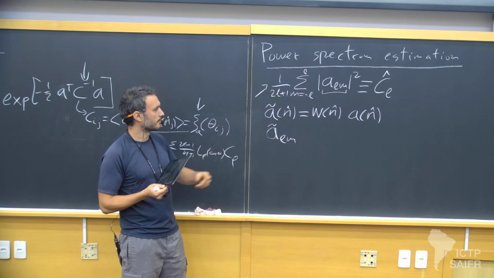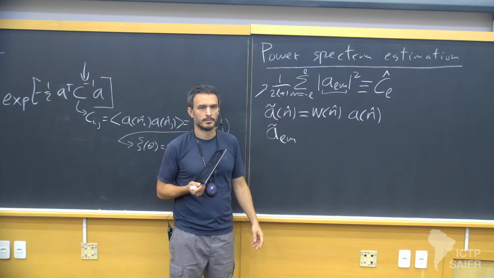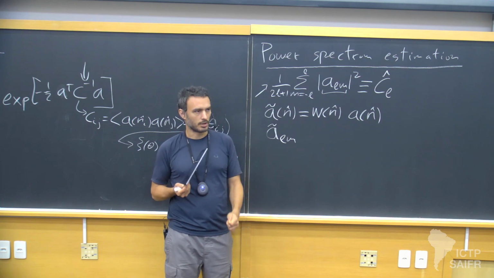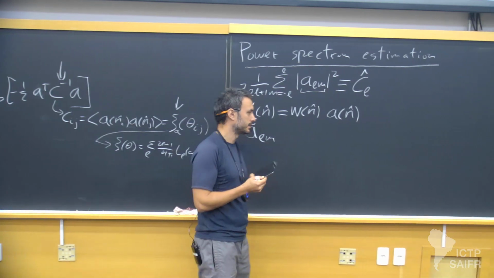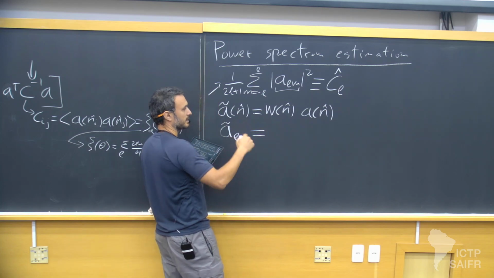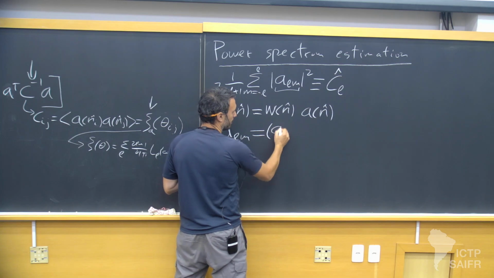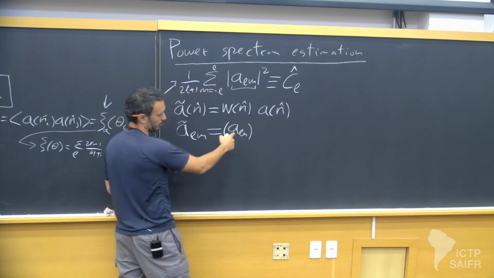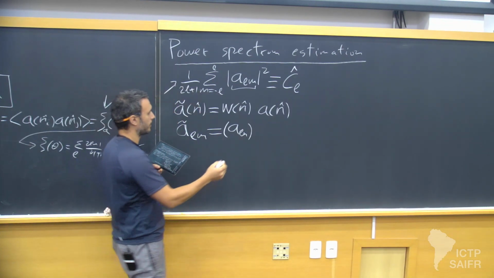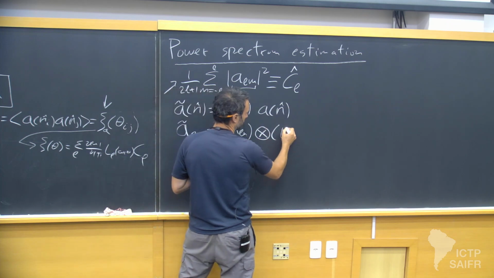So what happens when you have a Fourier transform of the product of two different quantities? What is that? It's the convolution of the Fourier transforms of both quantities, right? So this, without writing the actual equation, will be the harmonic transform of our map, convolved with the harmonic transform of the mask.